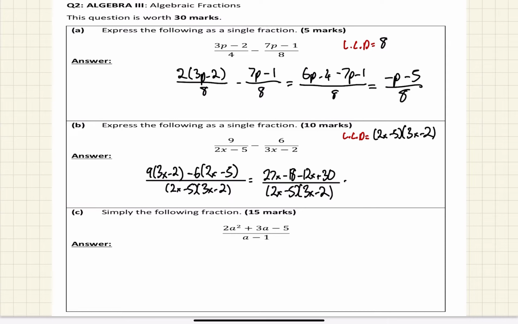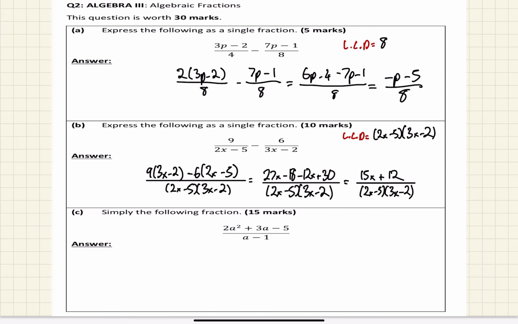So simplifying that, the denominator always stays this way, 2x minus 5 bracket 3x minus 2, and then we just simplify the numerator. So 27x minus 12x is going to be 15x, and minus 18 plus 30 is going to be plus 12. And that's your answer there.